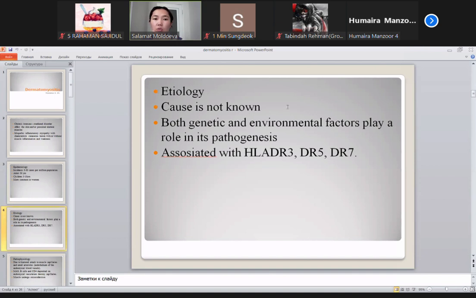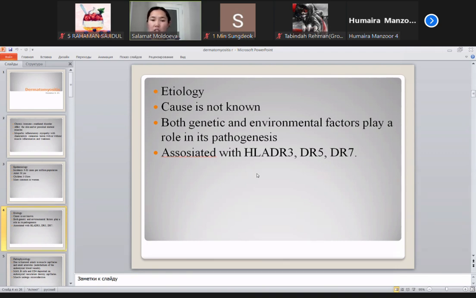Okay. Etiology, unknown cause, students, but as usual, we have genetic predisposition. Human leukocyte antigen is responsible for this disease, and the responsible genes are HLA-DR3, HLA-DR5, and HLA-DR7.